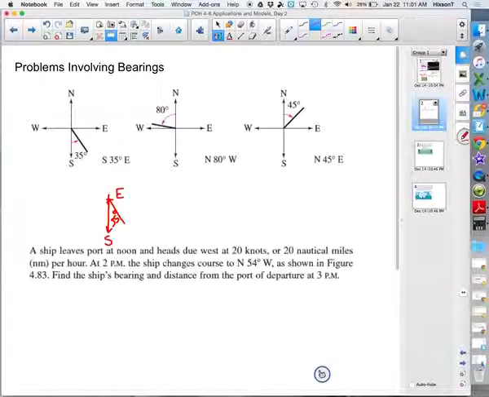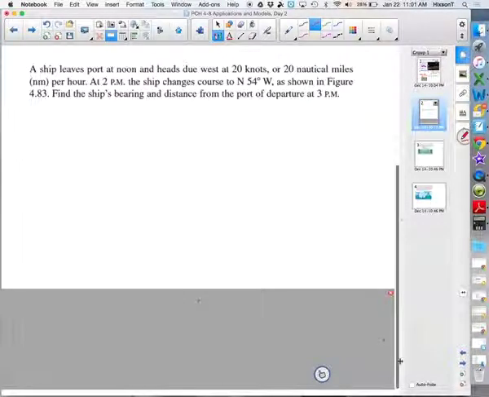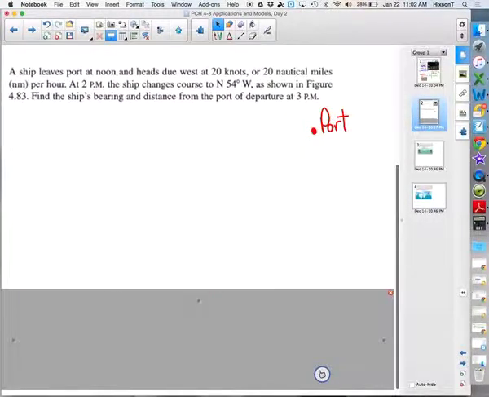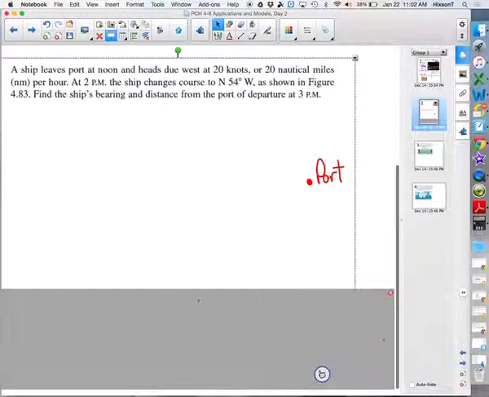there you have a south 35 degrees east. That's really the key when you're drawing a picture for, say, a situation like this. Here we have this ship, and it's at port. It leaves port and heads due west for 2 hours at 20 knots.